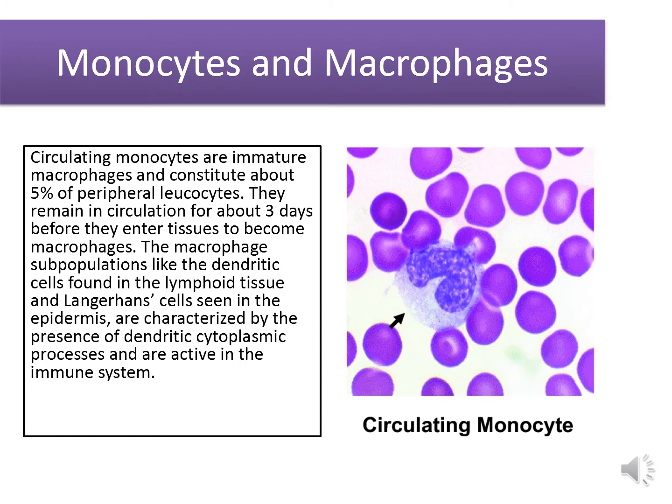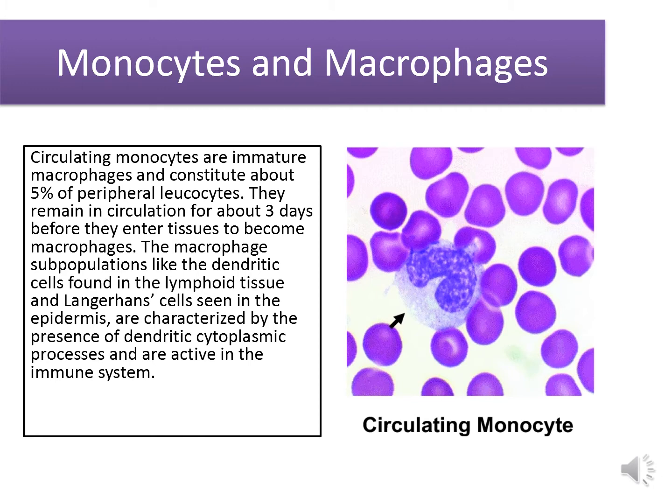Let's start to understand various cells, their morphology and function, the cells which are involved in immunopathology reactions. Circulating monocytes are immature macrophages and constitute about 5% of peripheral leukocytes. They remain in circulation for about 3 days before they enter tissue to become macrophages.